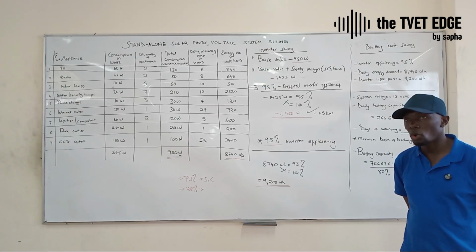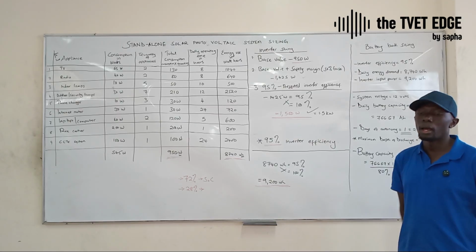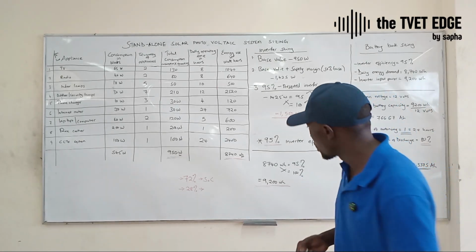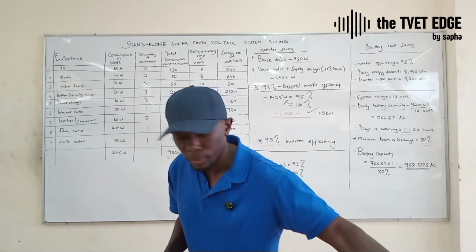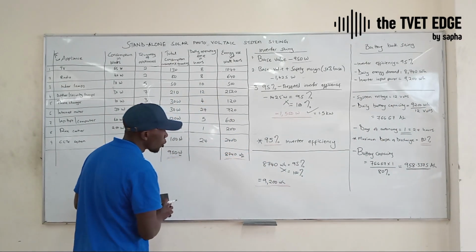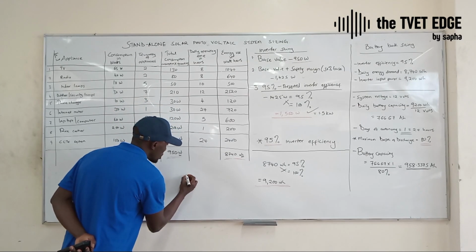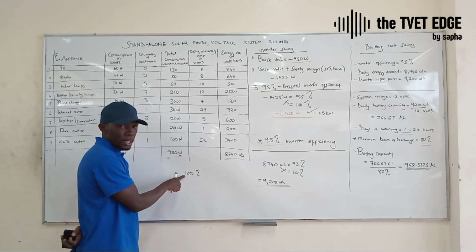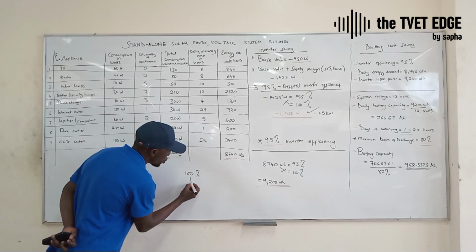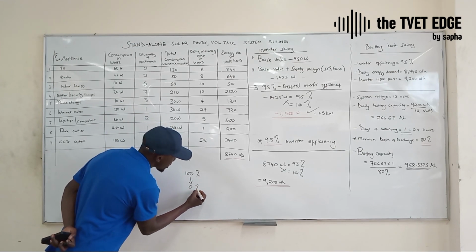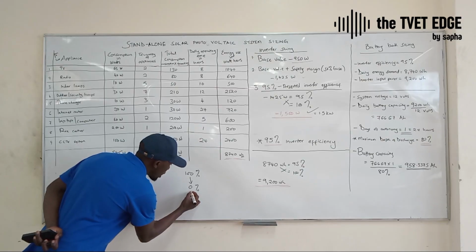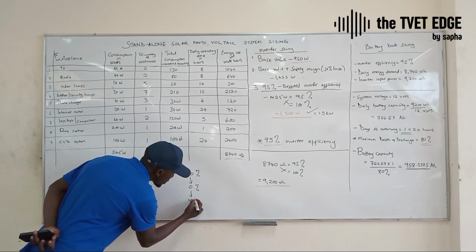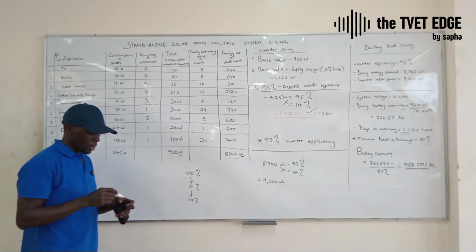A complete charge cycle only happens when a battery bank system is taken from 100% state of charge to 0% state of charge and then back to 100% state of charge.